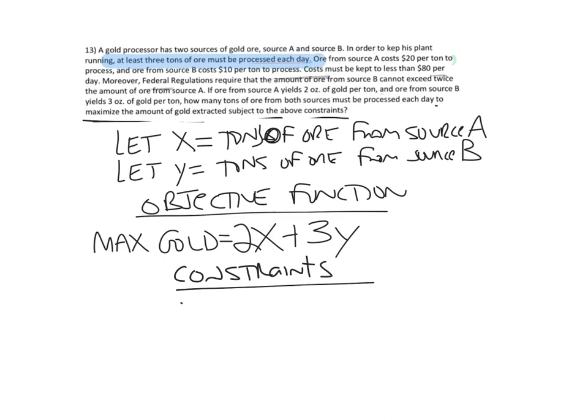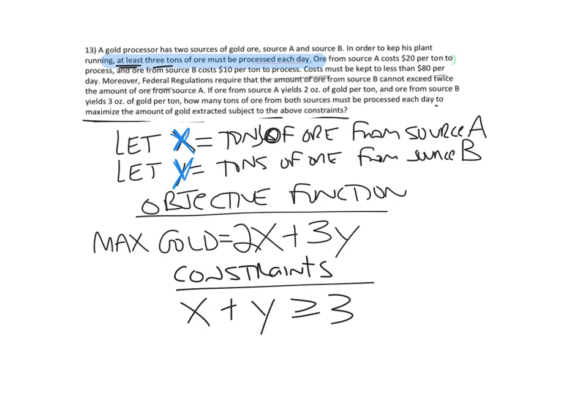So if I take X, the tons from source A, and Y, the tons of ore from source B, and I add them up, it needs to be at least 3. At least is bigger than or equal to 3.